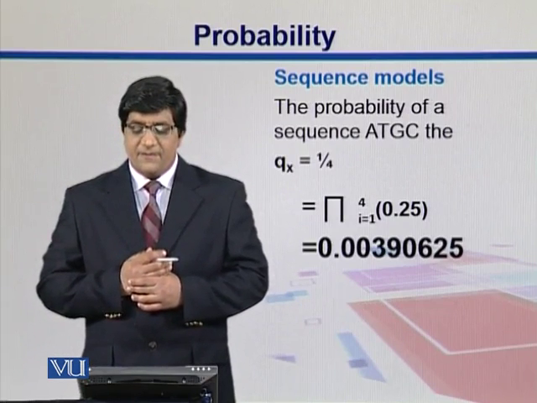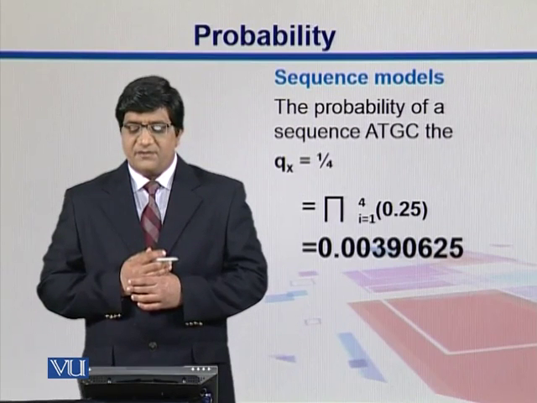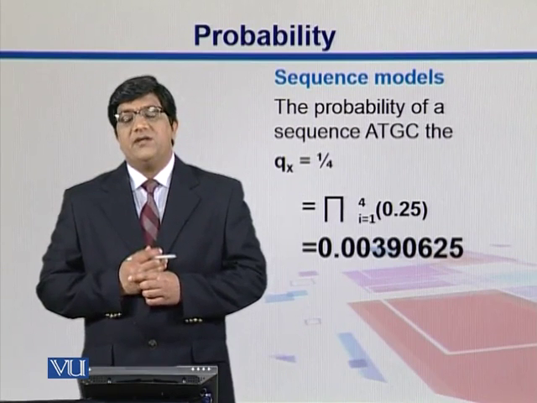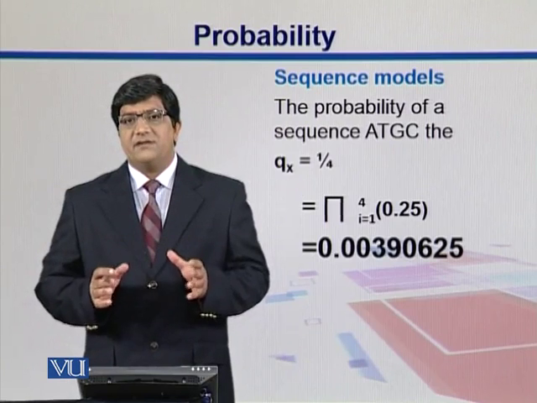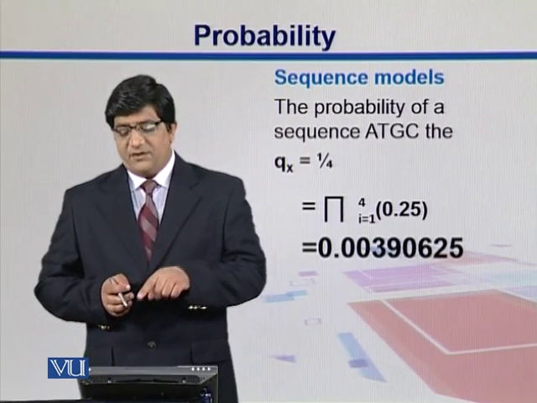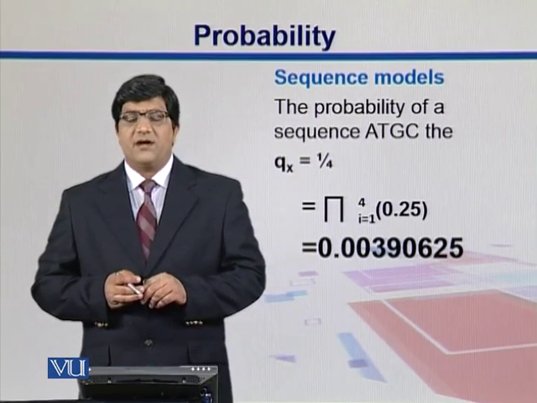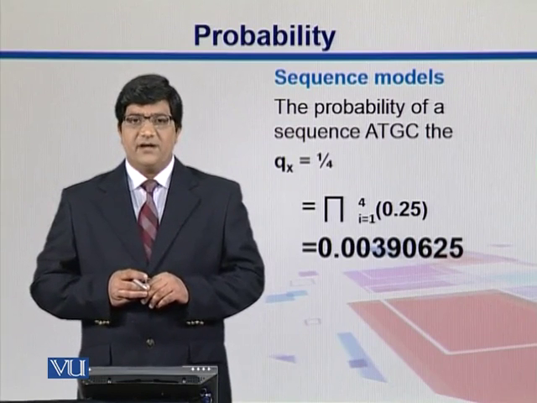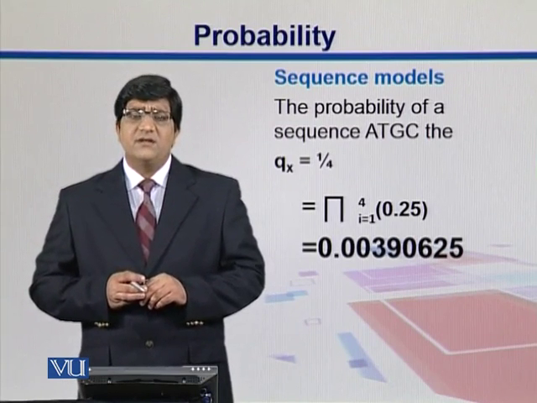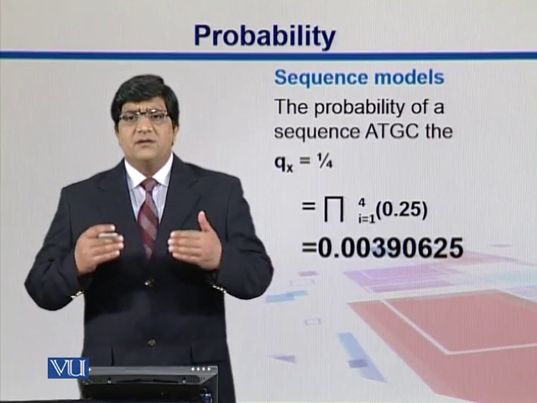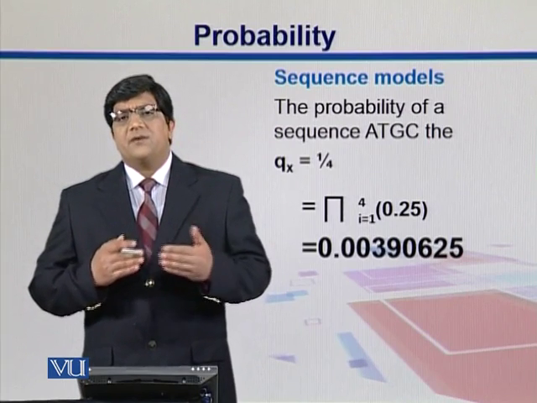Here we have the probability of a sequence ATGC. In total we have 4 nucleotides, and we want to see what is the exact probability of this sequence. Right now we are playing with the fair die. We are considering the normal probabilities, which are not biased, which are just fair.